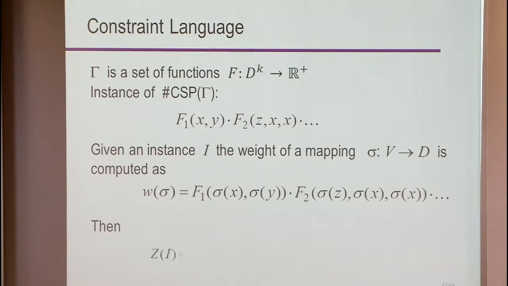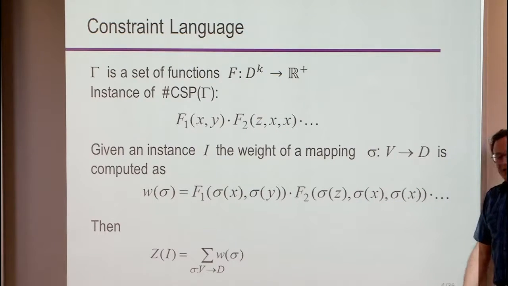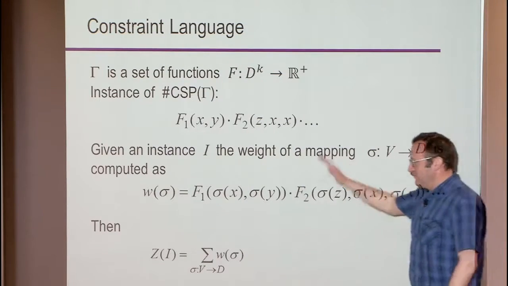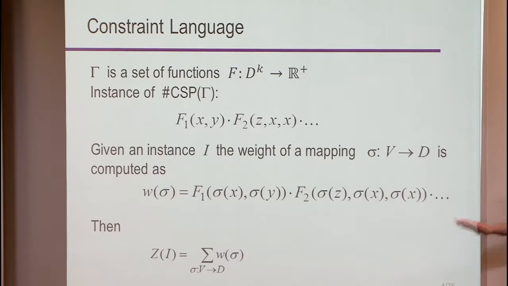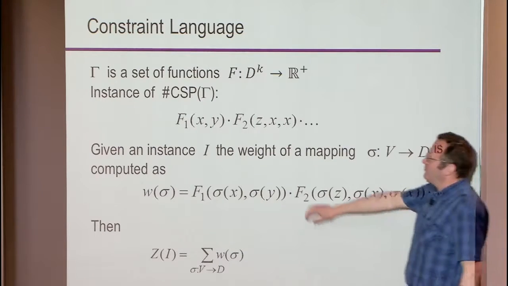What we want to know is the partition function, the sum of the weights of all mappings. This is what we have been doing for the past 3 days. So it's more or less the same problem. Just the main notation we have to notice here is this.